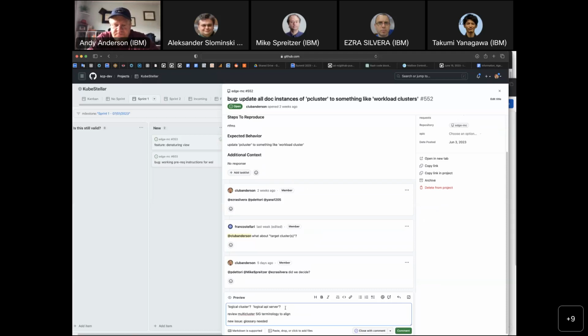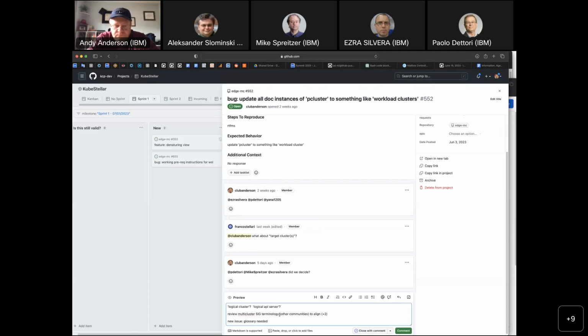We should probably look at other projects and see if we can find some common terminology. Also, there is a balance here between finding precise terms like logical API server and trying to be more concise, because it seems very long. We may end up also having to say something like logical API server workload, so especially when we replace it with workspace, it becomes something really long and a mouthful to pronounce.